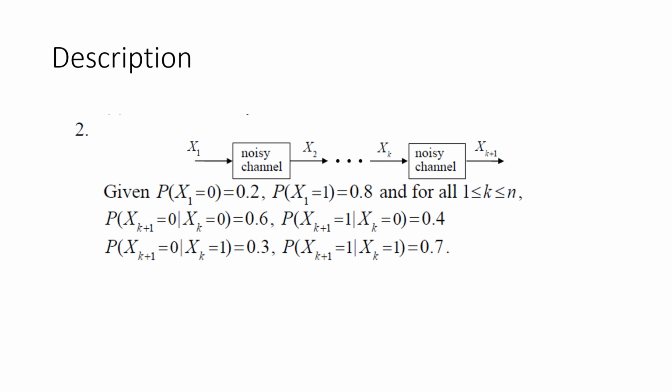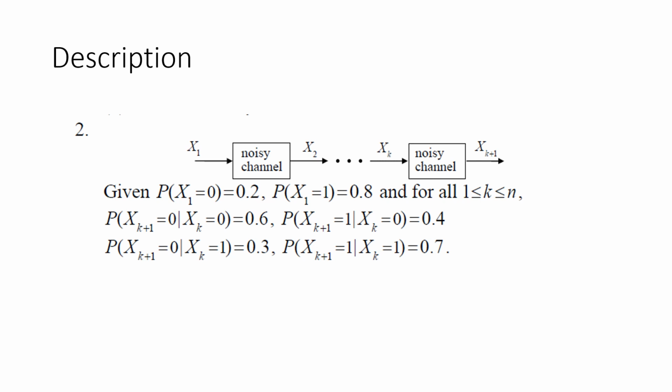It's known that the probability of x1 equals 0 is 0.2, and the probability of x1 equals 1 is 0.8.